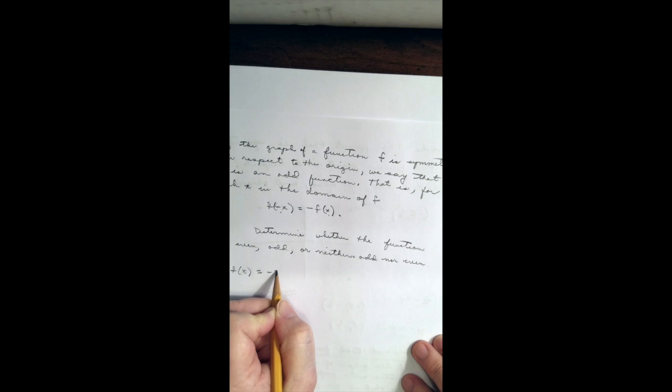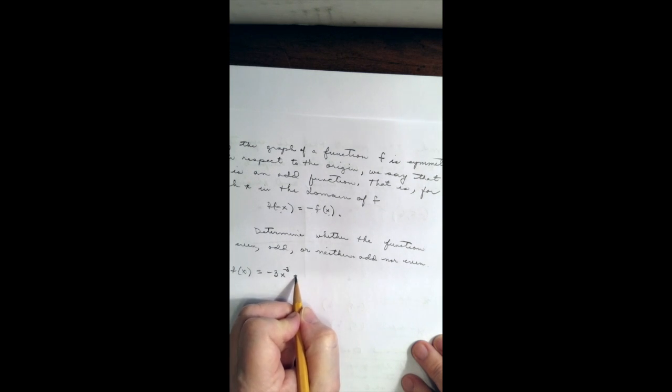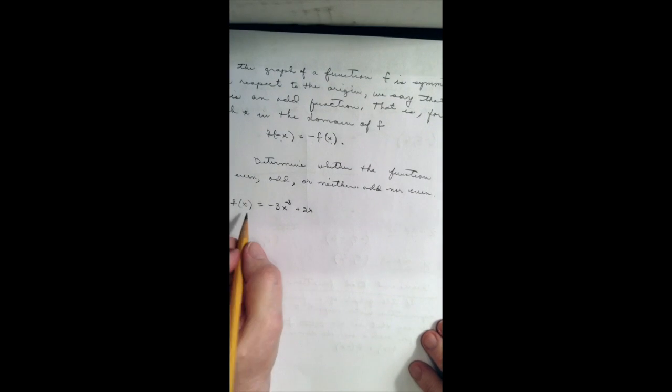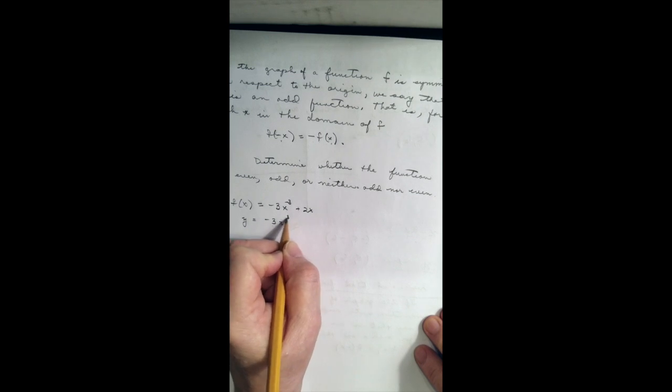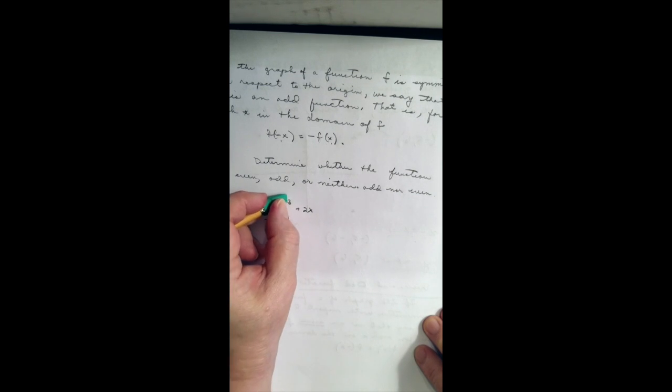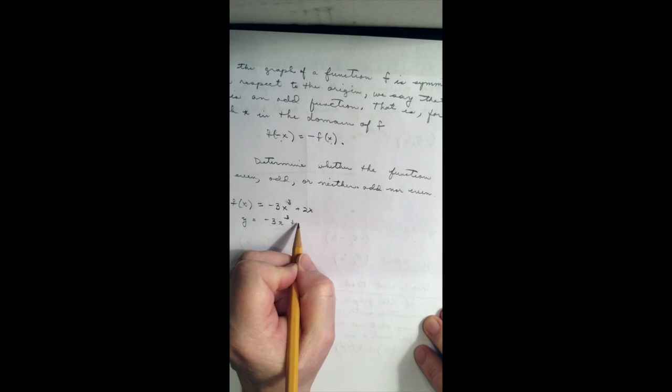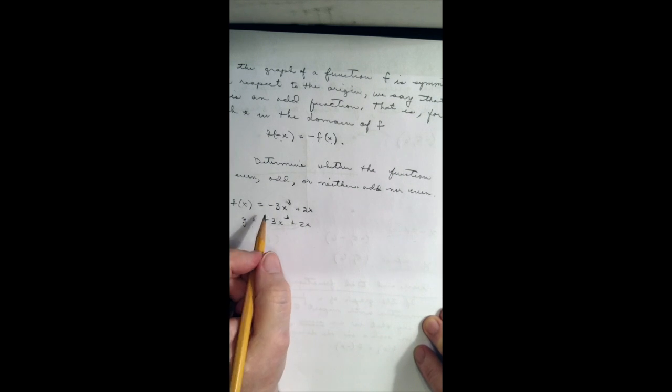And so if we have the function f of x equals negative 3x cubed plus 2x, we would substitute y, first of all, negative 3x cubed plus 2x.